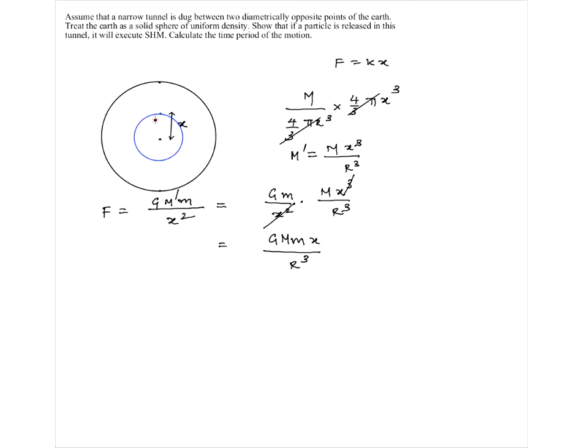Vector F and vector x are in opposite direction, so that minus sign will come if you like to write in vector notation. This proves that this will indeed be SHM, F equal to kx form. You know what k is now? Can you find out the expression for the time period?